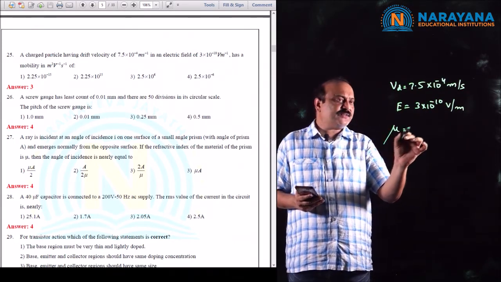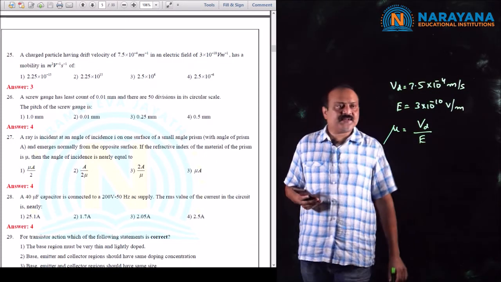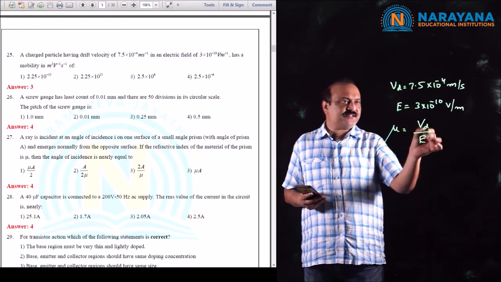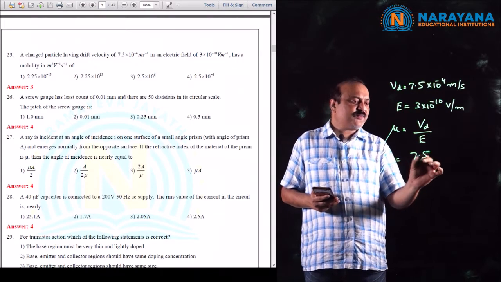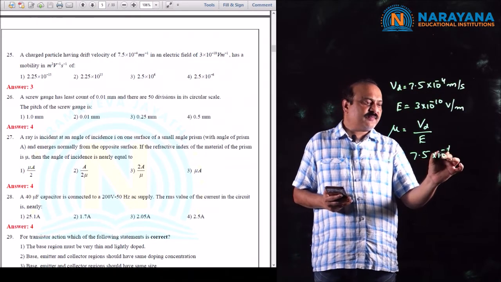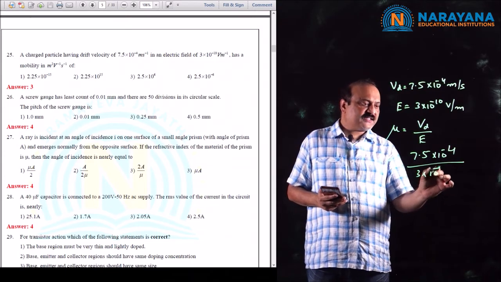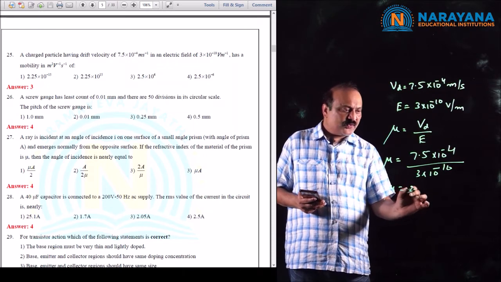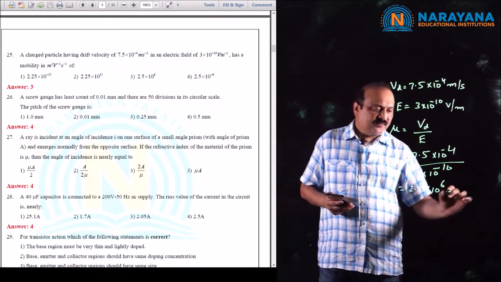Mobility is equal to Vd by E. Drift velocity per unit intensity of electric field is called mobility. That is mu is equal to Vd by E. Therefore, mu is equal to 7.5 into 10 to the power of minus 4 by 3 into 10 to the power of minus 10. Therefore, mu is equal to 2.5 into 10 to the power of 6.